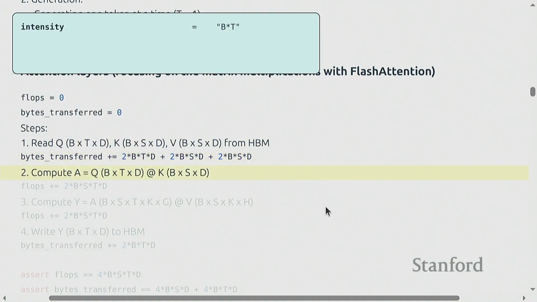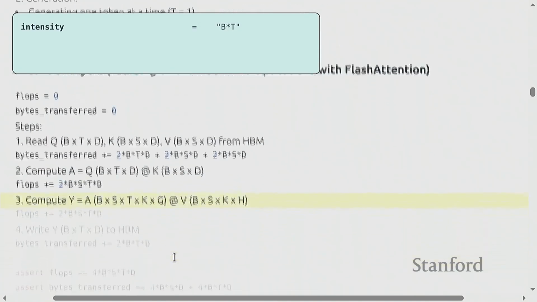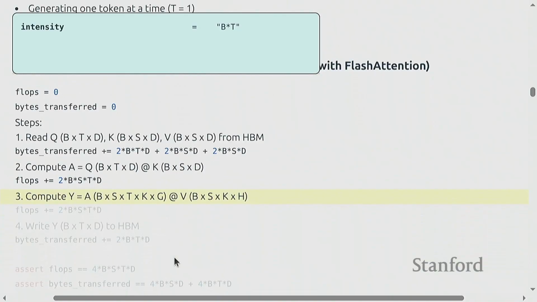I'm going to compute the attention matrix, which is Q times K, and the number of flops is B times S times T times D. Remember, S and T are the same during prefill, so that's your sequence length squared times B times D. I'm only looking at the matrix multiplications because the flops from the other steps don't really matter.